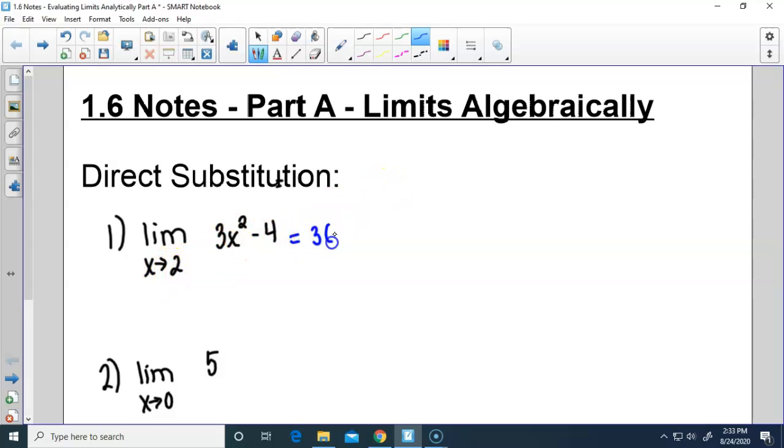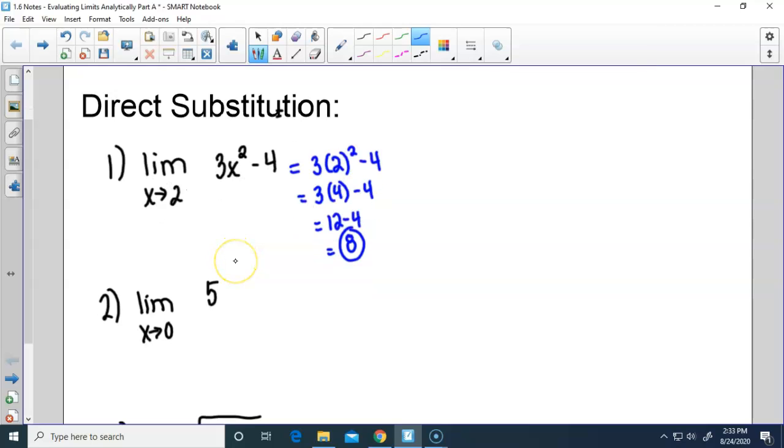So 3 times 2 squared minus 4. Of course, this is 3 times 4 minus 4. So 12 minus 4 is 8, and 8 will be my answer for this limit. So direct substitution is what we call this. It's as simple as that. You just plug the number in.